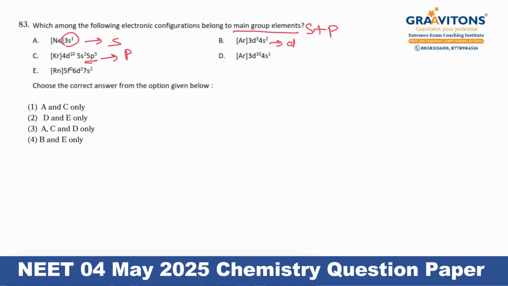And here again d10 4s1, which is nothing but our copper, from the D block. And the last one, actually the F orbital is involved here, so the last one will be an F block element. So they are asking for S and P block elements, so the correct option would be A and D, which is option 3.